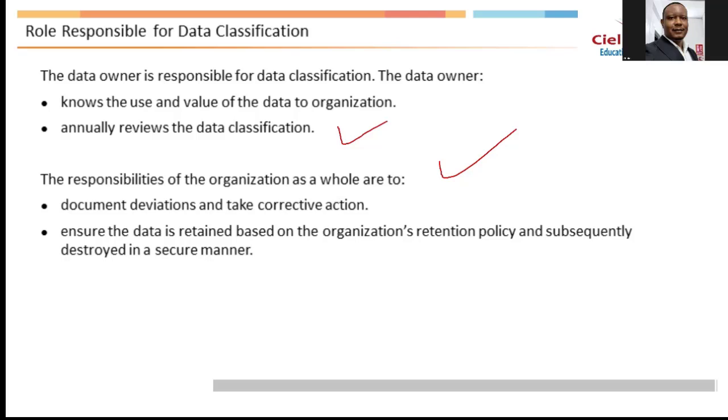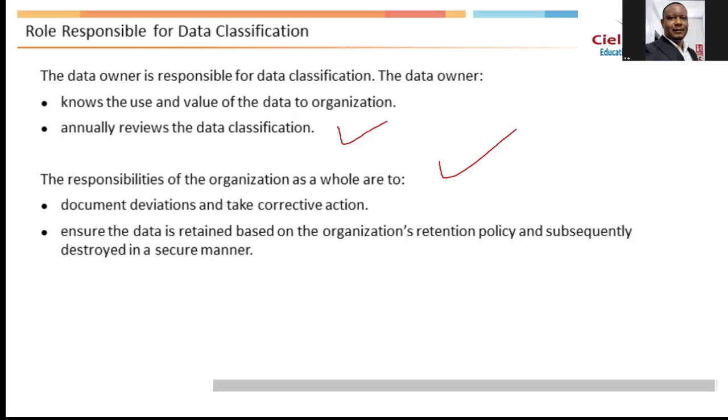This would help you to determine how data is classified in order to ensure that it is still accurate. If, for example, there is a change, you need to reclassify information so that it aligns with the current state of the organization. You may have a situation where certain data that was hitherto referred to as low risk may become sensitive if, for example, regulation or business processes change. Those are some of the things you need to take into consideration.